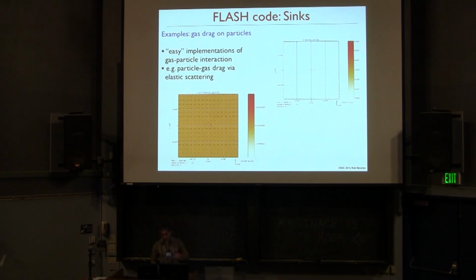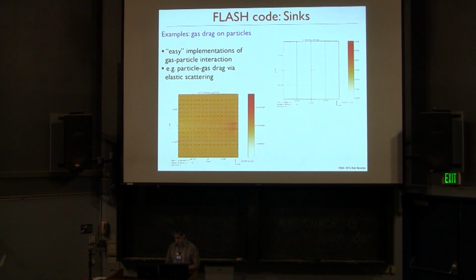There's another example, of course. Maybe on smaller scale, it might be interesting if you do, for instance, planet dynamics or so. You want to also implement something like a drag force from the gas onto the sink. So in this case, it's just an elastic scattering, and there's a couple of movies. The gas is moving, and eventually the sink particle gets accelerated and gets to the same velocity as the gas.